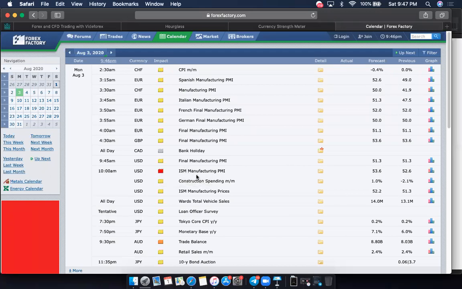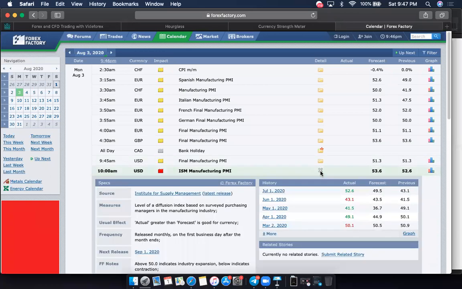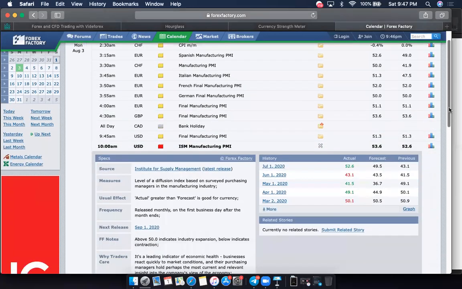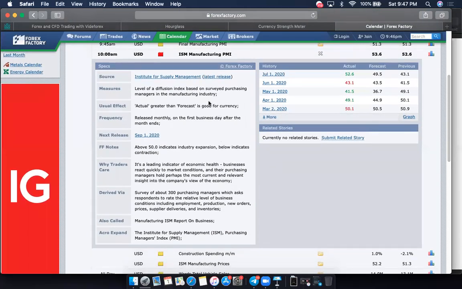ISM manufacturing PMI. I have no idea what that means. But if you're somebody that wants to know what that means, just click on the folder. And you scroll down and it'll let you know what that is. And look, it gives you a section on why traders care. The reason why traders care about this red folder is it's a leading indicator of economic health.